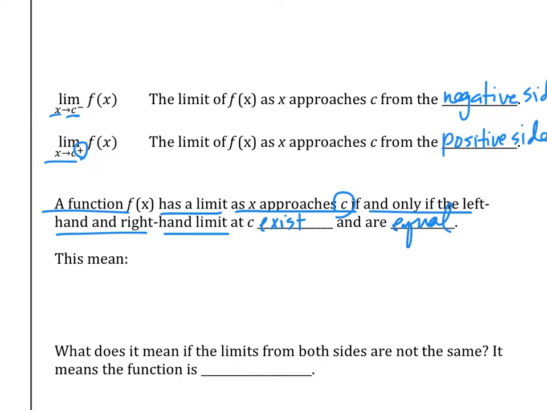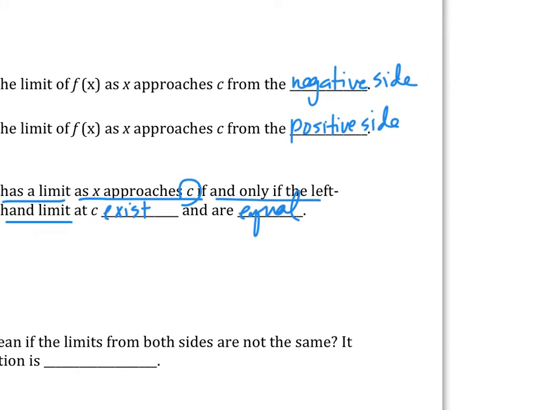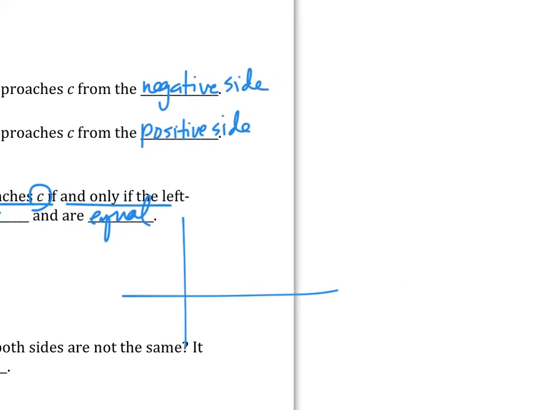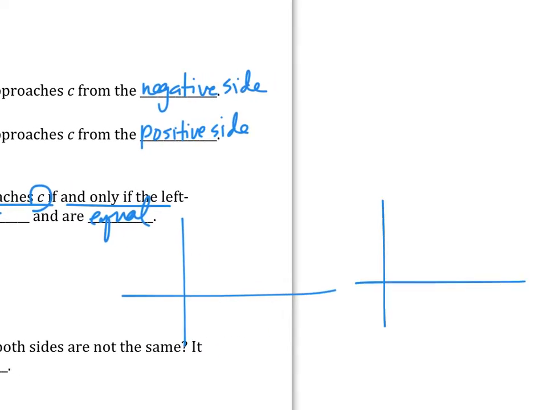Okay, what does that mean? Graphically, this is what you're looking at. So let's look at two separate situations. One is that you have a graph like this, with a jump at c, and the other one is that they're connected at c.